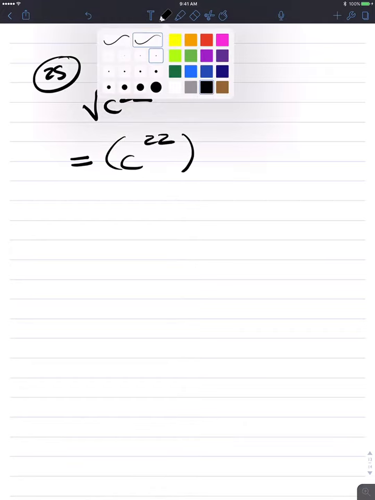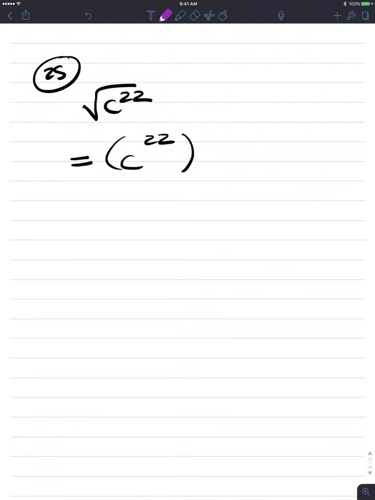25. The square root of c to the 22nd power. We could simply write this as c to the 22nd power raised to the, well, let's double check. The index is 2, so this will be raised to the 1/2 power.